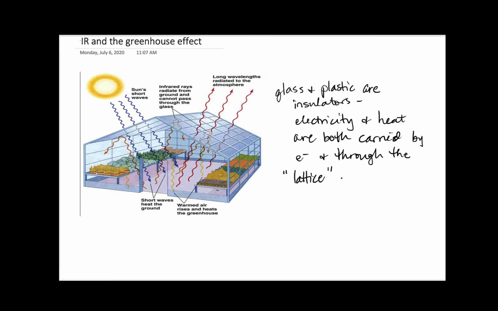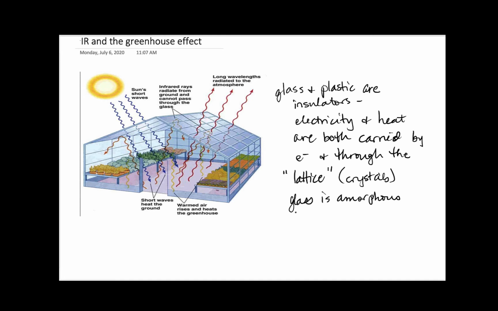And some of these lattices are well organized, and these would be crystalline materials. And others are not, they're amorphous, and glass is an example of this. Some plastic is crystalline too, but not all crystalline materials have electrons available to flow heat and electricity through them. So even those crystalline materials may not transfer heat and electricity very well.